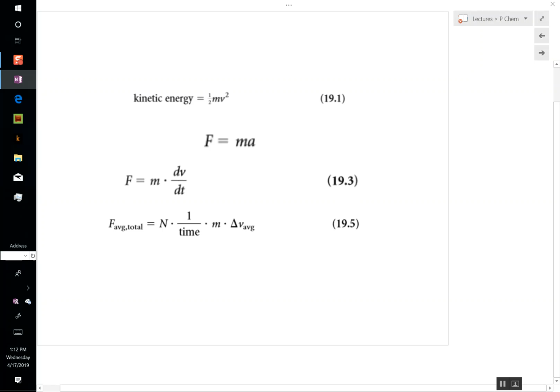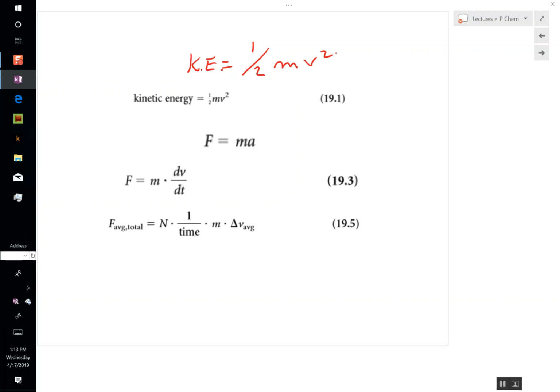Okay, some equations that you've probably seen before. Kinetic energy is equal to 1/2 the mass of a particle. I mean, if we were talking about a basketball or any kind of a ball, the mass of it times the square of its velocity. 1/2 the mass times the square of the velocity is a relationship for the kinetic energy of that object.